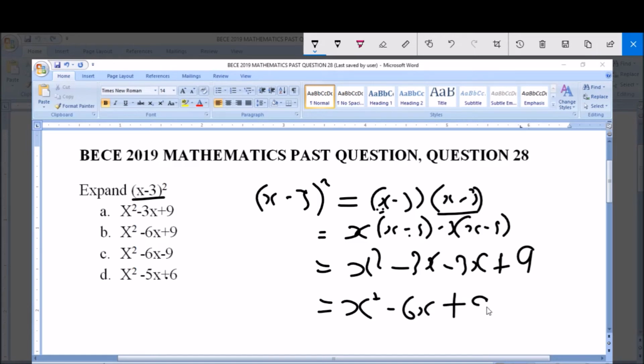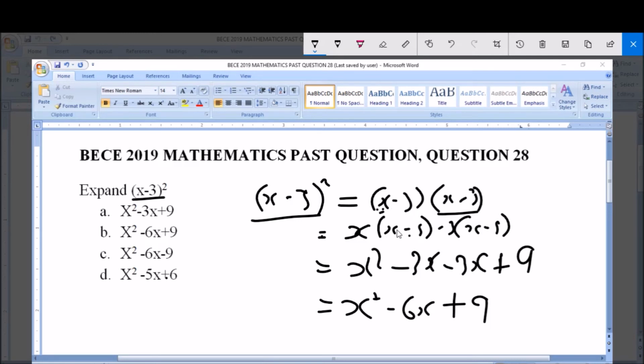plus 9. Now this is the full expression of this. We've successfully expanded (x minus 3) squared. So when we expanded it, we removed this square, which means we are multiplying this by itself, which we have here. And for us to multiply this by this, we pick each of the contents of this bracket and multiply it by this bracket.